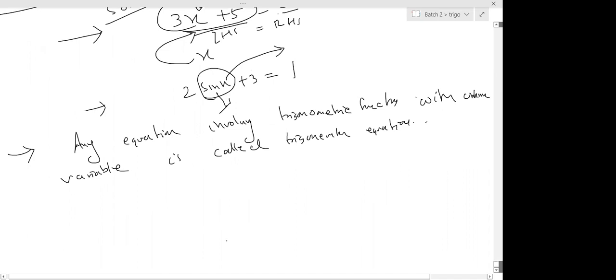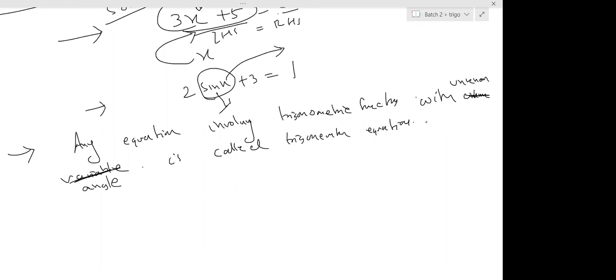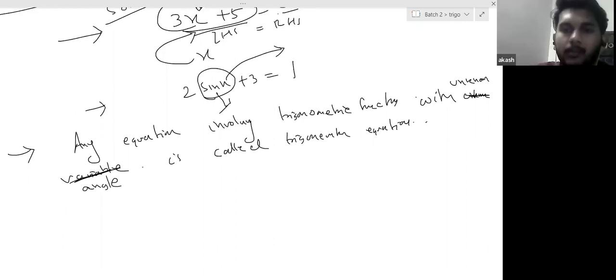So can you say what's after trigonometric function? With unknown variable, unknown angle. Don't put variable, put unknown angle.